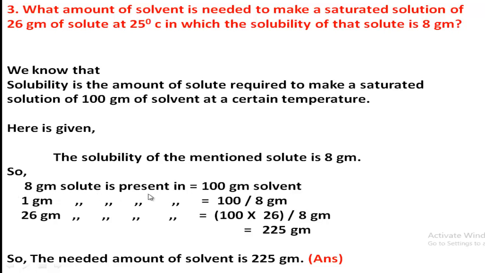So 8 gram solute is present in 100 gram solvent. So 26 gram solute is present in 325 gram solvent, we will get through calculation. So this will be our answer. The needed amount of solvent is 325 gram. So in this way you can easily do different problems related to solubility.